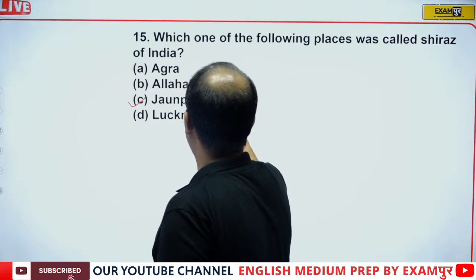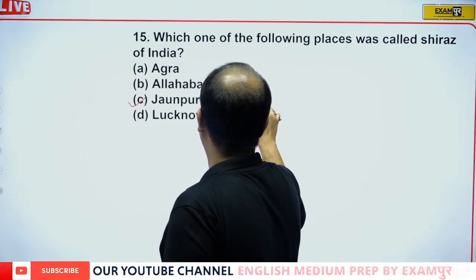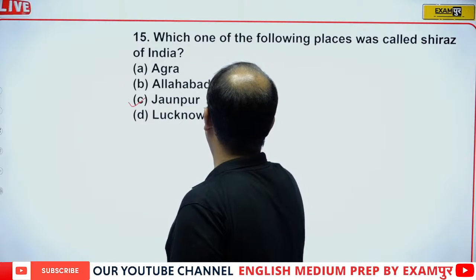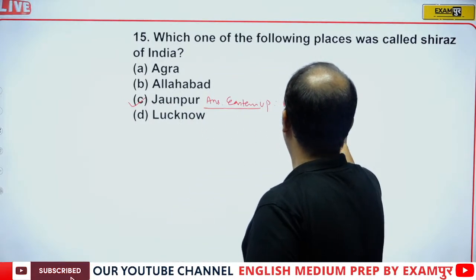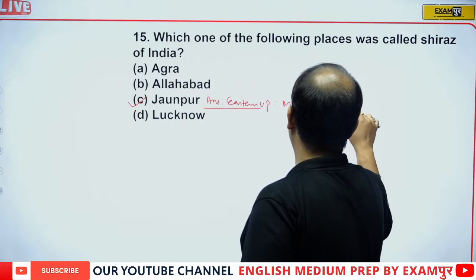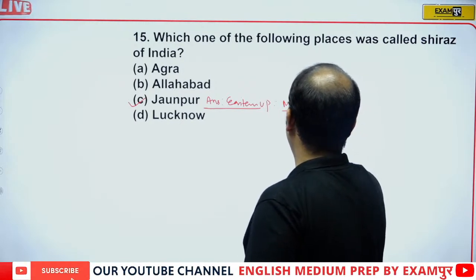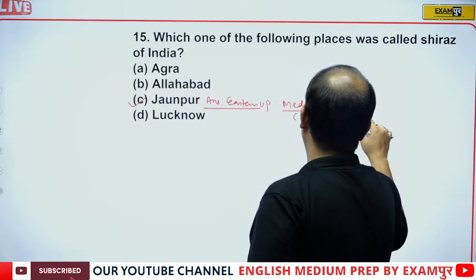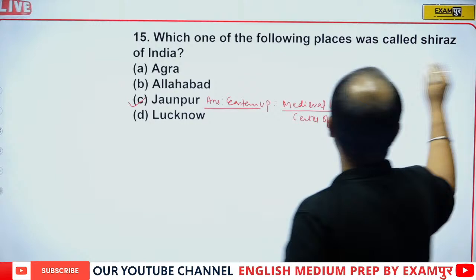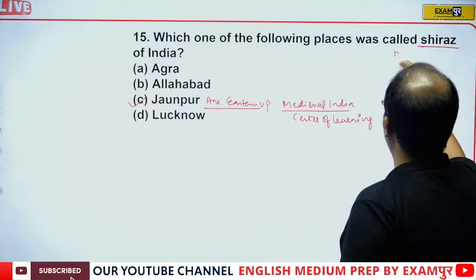Jaunpur is in eastern UP, and in medieval India it was a center of learning. And actually Shiraz is a place in Iran.